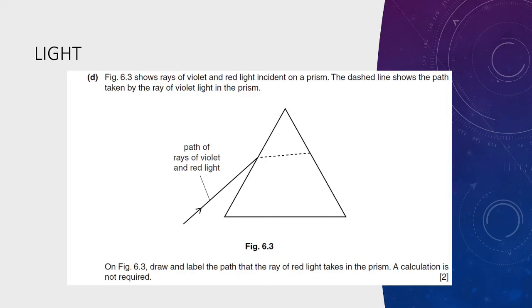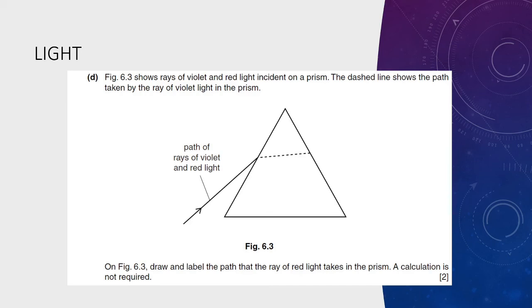Guys, you have to know that red light and violet light have different wavelengths. Violet has a shorter wavelength compared to red light. The smaller the wavelength, the further the light will be refracted from the normal line.